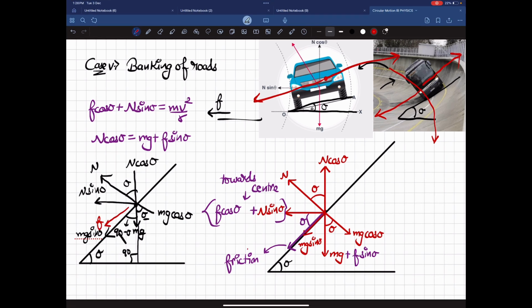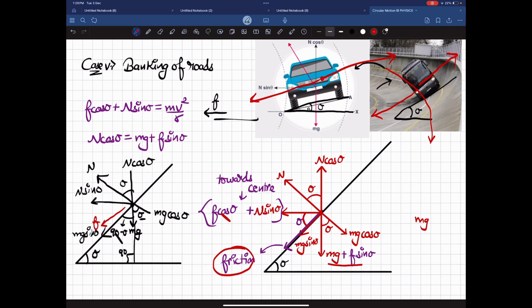Then you can focus here. See, friction is down the slope, and this angle will also be theta. So f cos theta should also be there, and f sin theta then will be perpendicularly downwards. Alright. Now this is the difference. In the normal horizontal circular motion, we were noticing only mg was downwards and friction was towards the center of the circle.